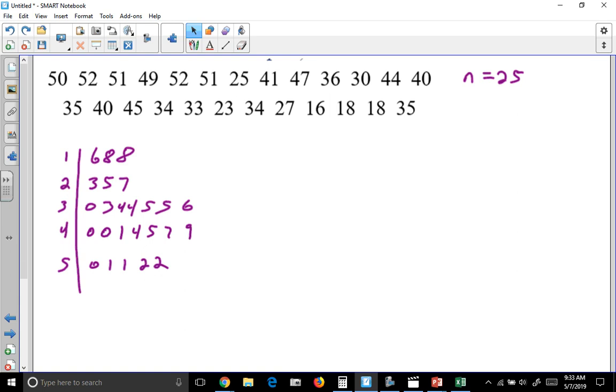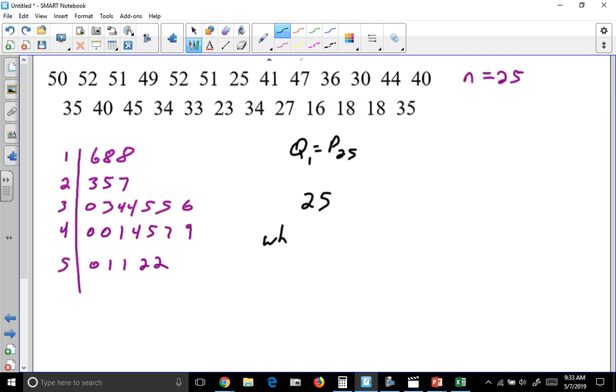So 25 pieces of data. So let's find our quartile. So the first quartile, also known as the 25th percentile. So we need to know how far into our data does that occur. So we need to find out if we have 25 pieces of data, what is 25% of the 25 pieces of data that we have.